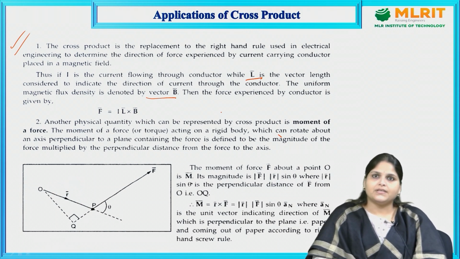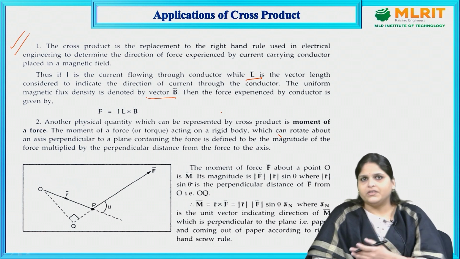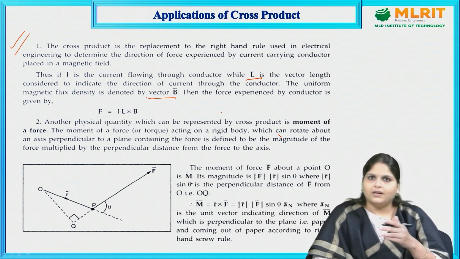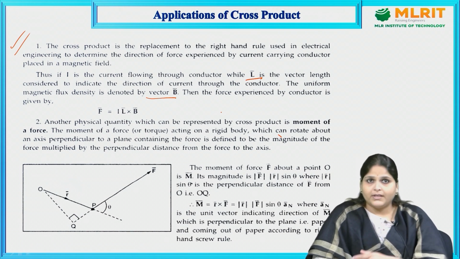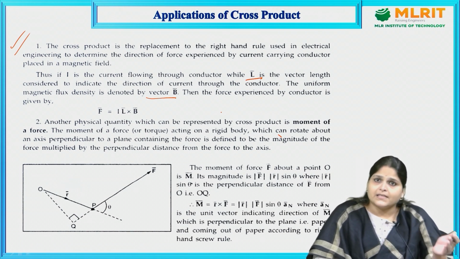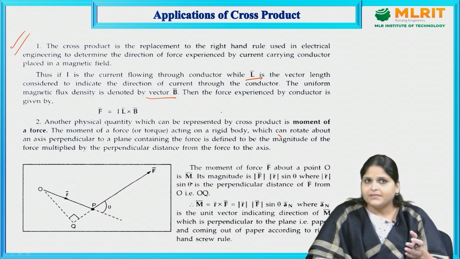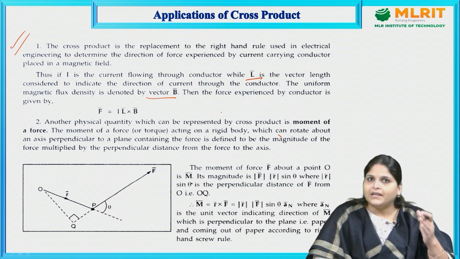Another physical quantity which can be represented by the cross product is the moment of a force. The moment of a force, which can also be called torque, acting on a rigid body which can rotate about an axis perpendicular to the plane containing the force, is defined by the magnitude of the force multiplied by the perpendicular distance.